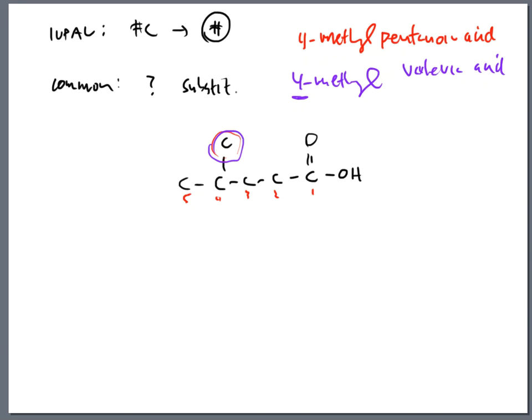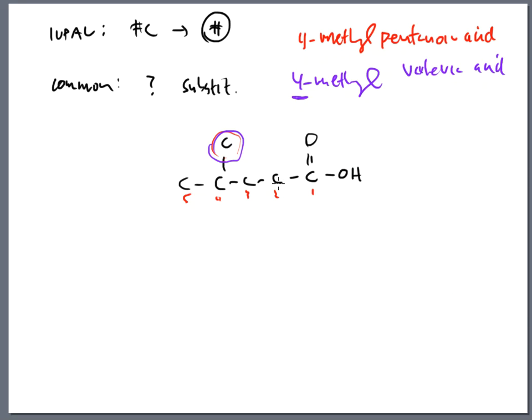This requires yet another specific system in place that is for common nomenclature. And this is what happens. Here's the carbonyl carbon right there. There's my first. Next to this is carbon number 2.